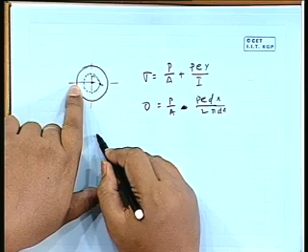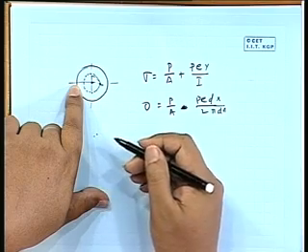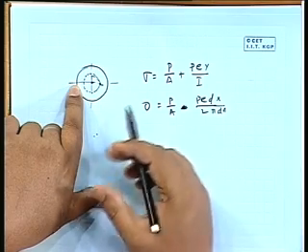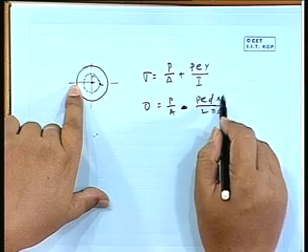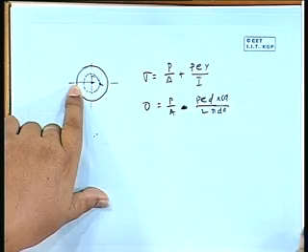So 2 into 2 is 4, 4 into 4 is 16, 16 into 4 is 64.